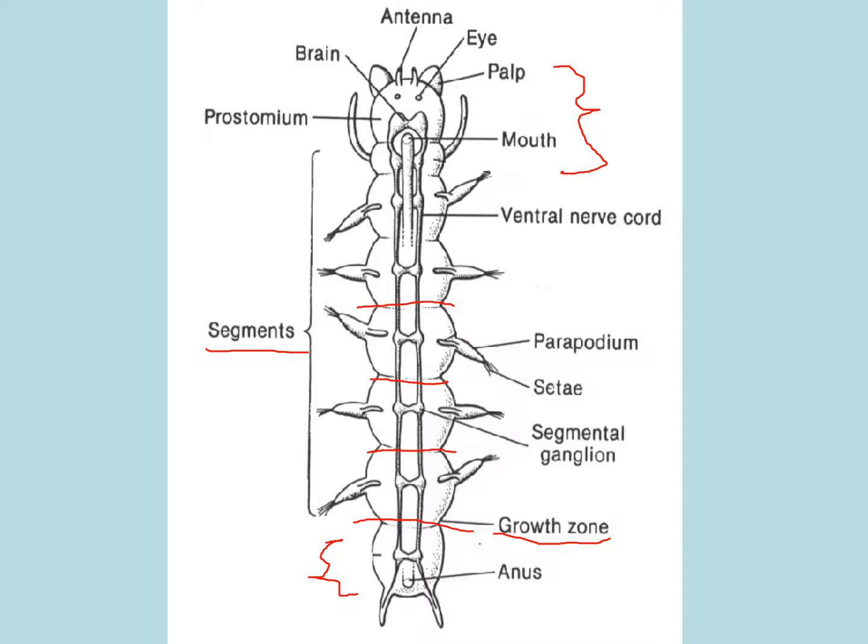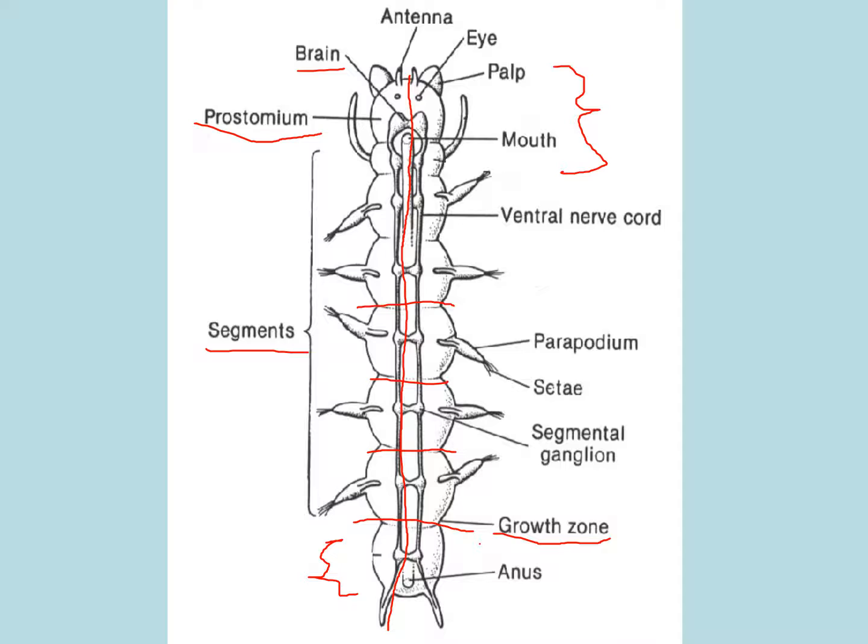They all have the first two segments known as the prostomium, which are slightly different than the rest of the segments. They have a brain, and they can be divided bilaterally, so they're bilaterally symmetrical, as you can see.